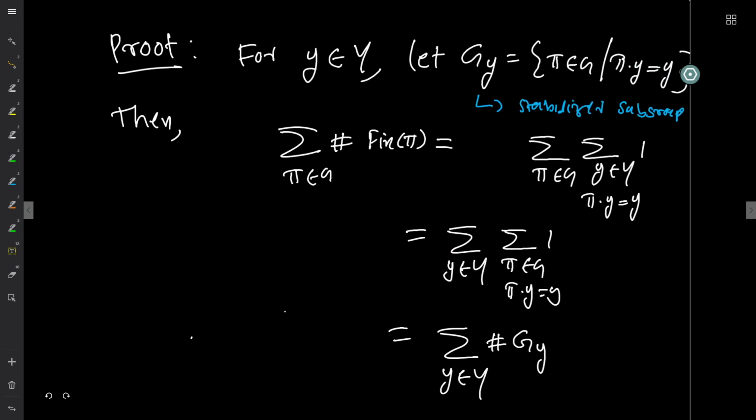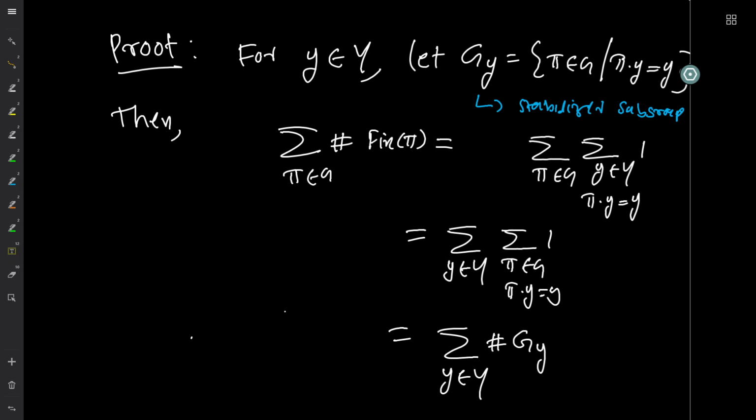Okay. Now let us try to prove Burnside's lemma. For any element y of Y, let us look at the set of all permutations which fix y, which is called the stabilizer subgroup of G, denoted by G_y. So G_y is the set of all permutations that fix the element y, so pi dot y is equal to y.